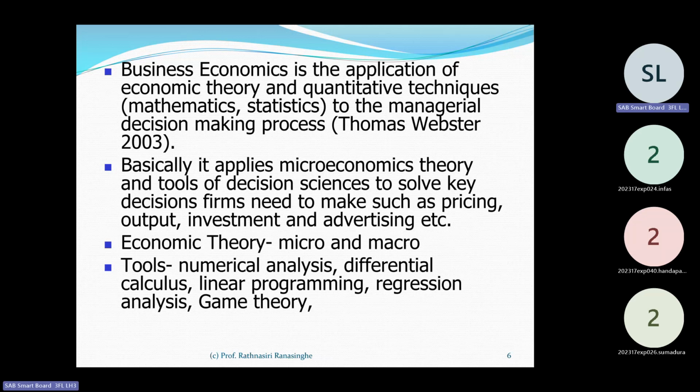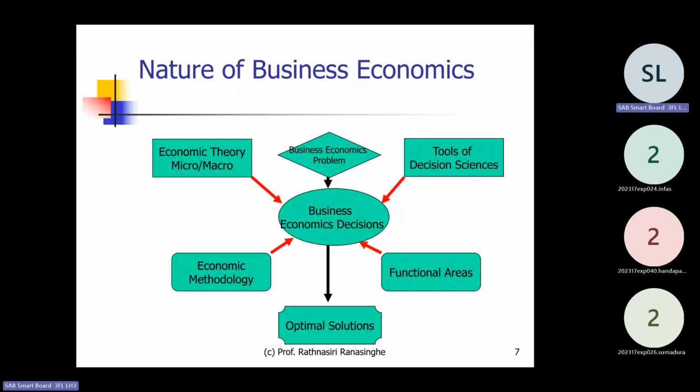That's about the business economics. We talk about basically how the economic area is applied with the support of the decision sciences in order to analyze the problems. So this chart explains the situation of business decision making. We use the economic theory, the microeconomic theory and macroeconomic theory.